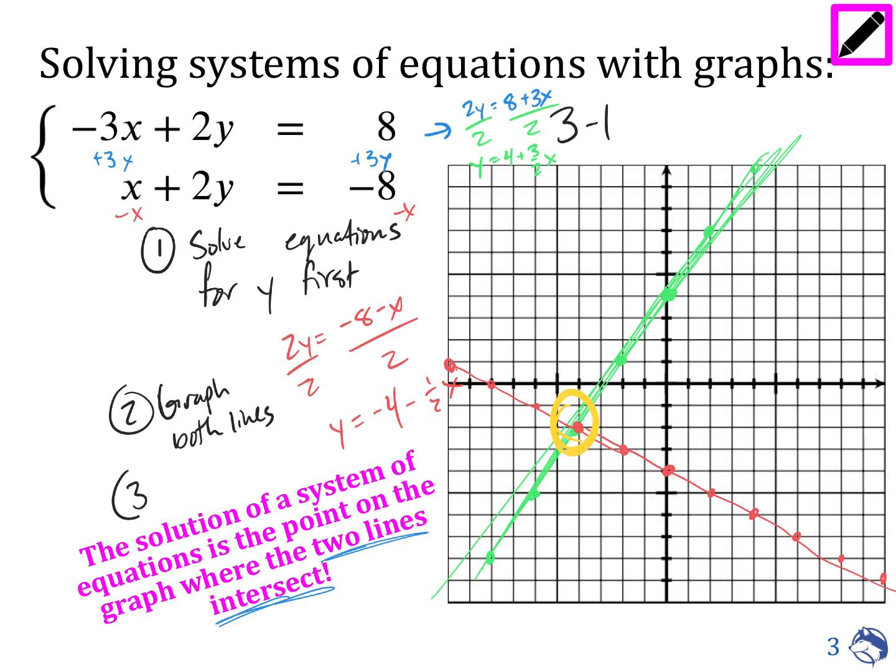And then step 3 is find intersection point, which is here, and that is the point negative 4, negative 2. Okay, so our solution to this problem is negative 4, negative 2. I wrote it in parentheses, x value, y value.